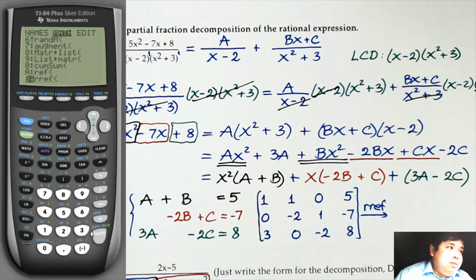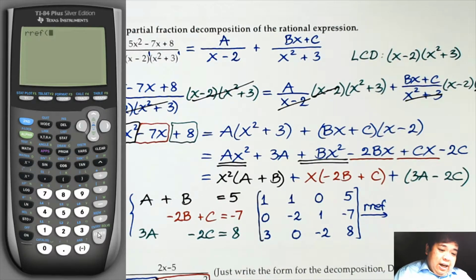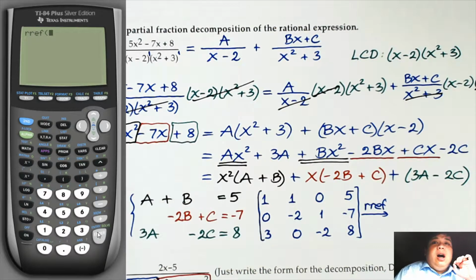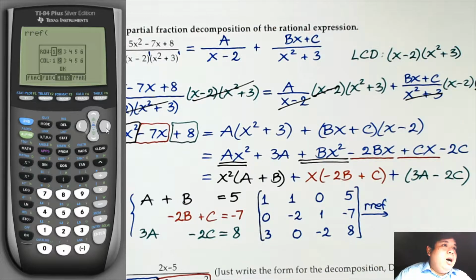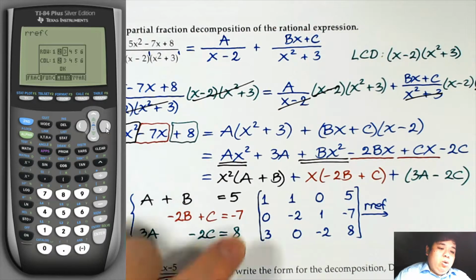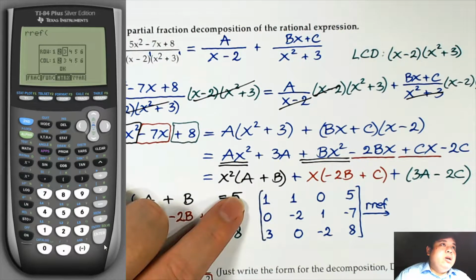Right. Hit enter. And then we just enter this matrix onto the home screen. If you use TI-84, we will hit alpha and zoom. This is the 3x4, 3 rows. Enter. And 4 columns.